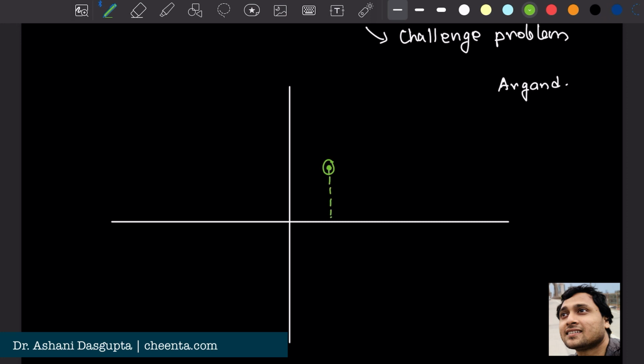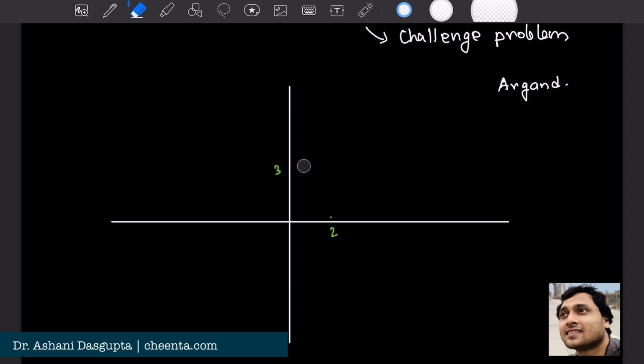So if you have the point (2, 3), you can rewrite it as the complex number 2 plus 3i. So every member of this plane is a complex number.